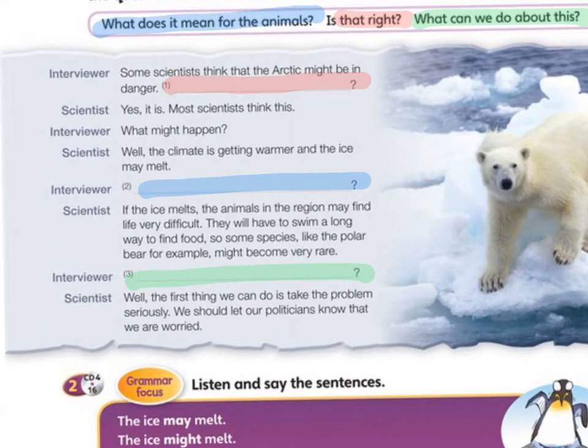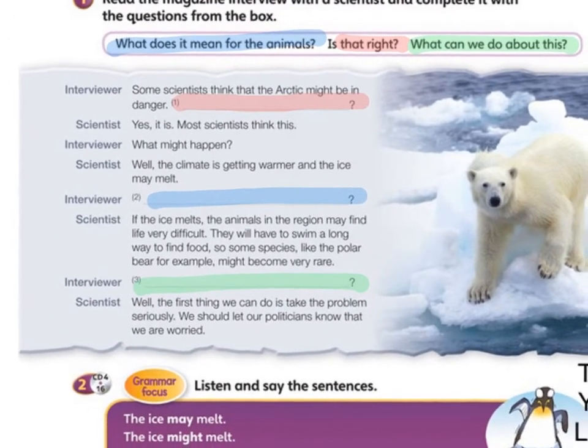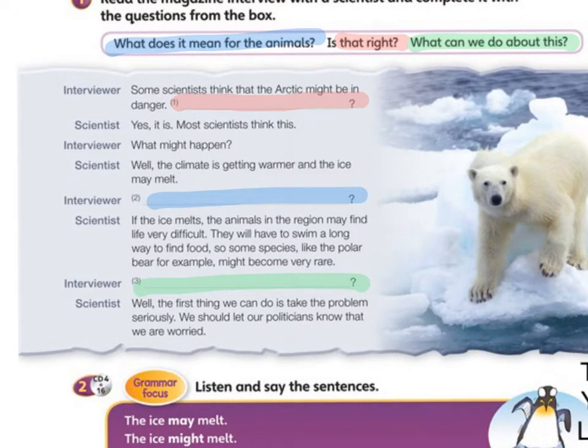Let's pay attention to the conversation here between the scientist and the interviewer. Can you find some examples of may and might here? What might happen? The ice may melt. Next one is might become very rare. In the region may find life very difficult.